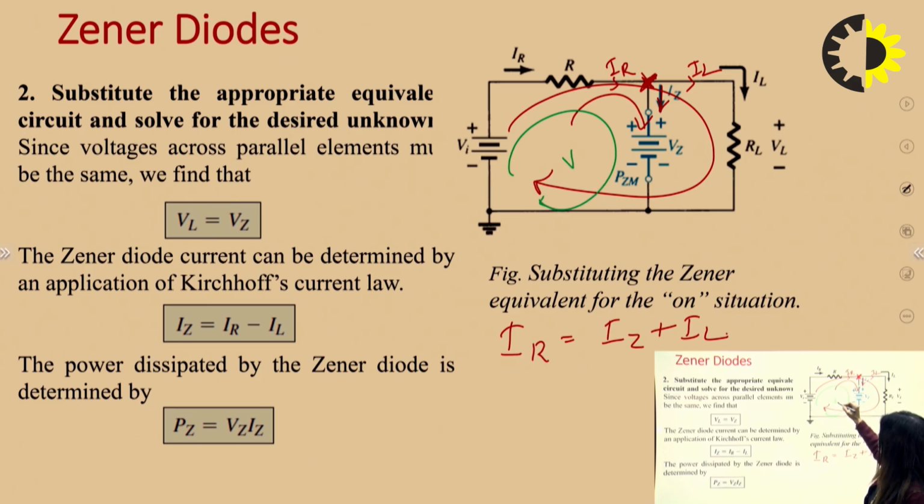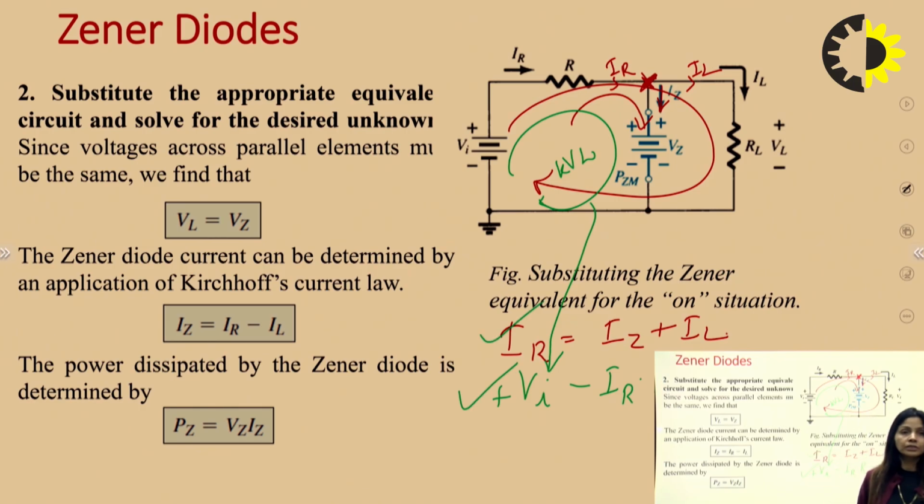So KVL in the first loop gives plus VI, minus IR into R, minus VZ is equal to 0. One equation will be written like this. This is the Kirchhoff current law and this is the Kirchhoff voltage law.